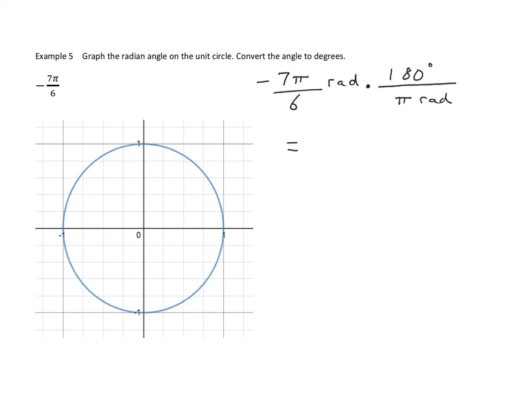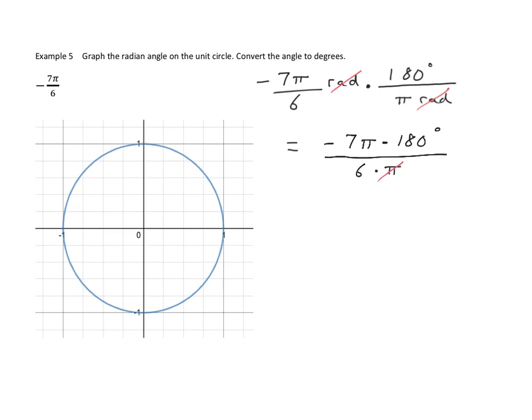So multiplying like this, it'll cancel the radians, and it leaves us with something in degrees. If I multiply all this together, I get negative 7 pi and then 180, and that's in degrees. In the denominator, I have 6 and I have pi, and I have nothing else. It'd probably be a good idea to simplify this number.